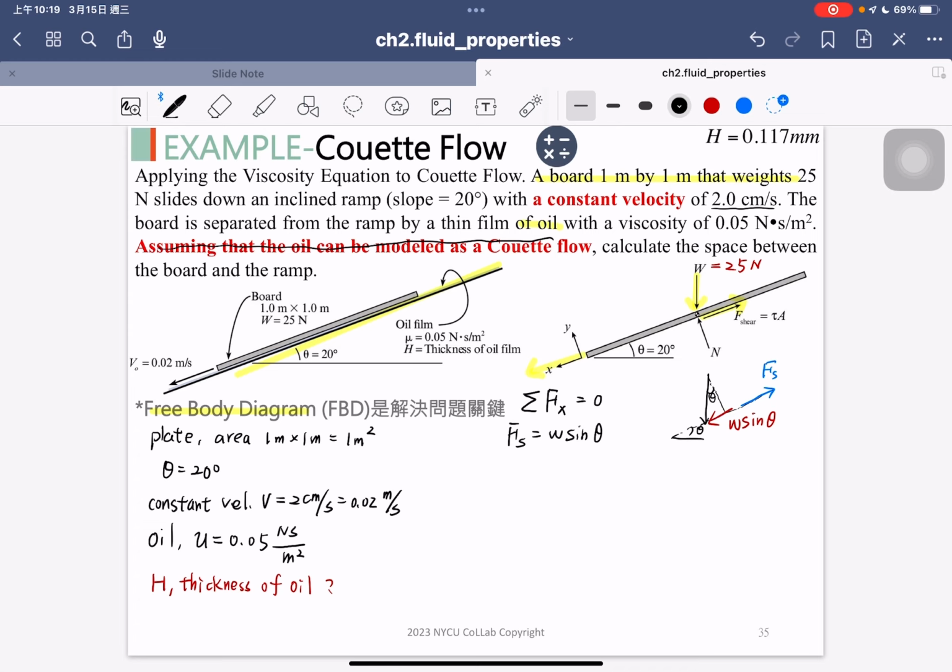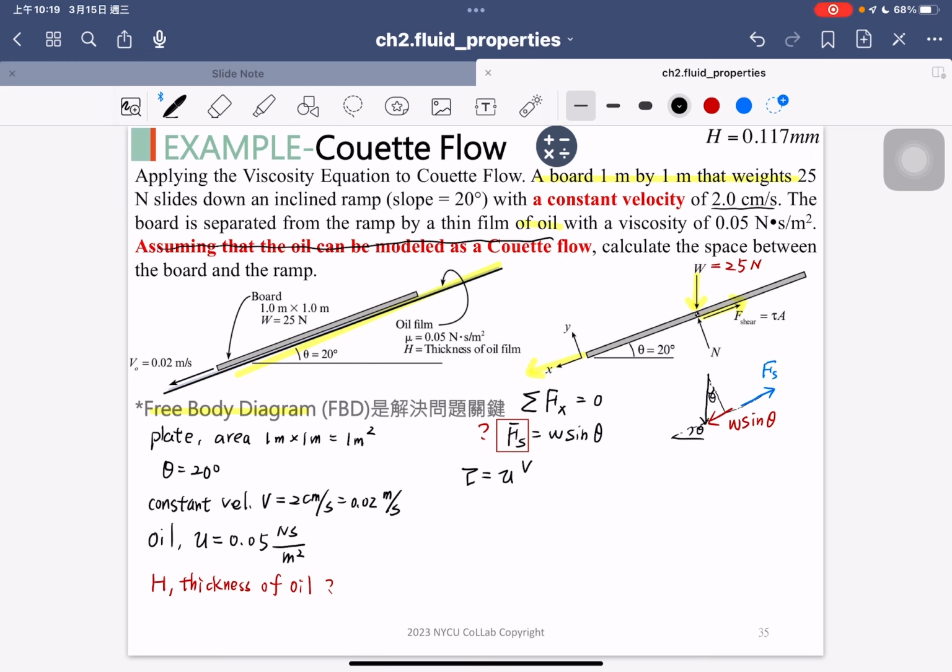Upward and downward along the x direction. But right now, we don't know what F actually is. So we are trying to figure it out based on the viscosity equation, because the viscosity equation tells us the shear stress equals mu multiplied by the velocity gradient.